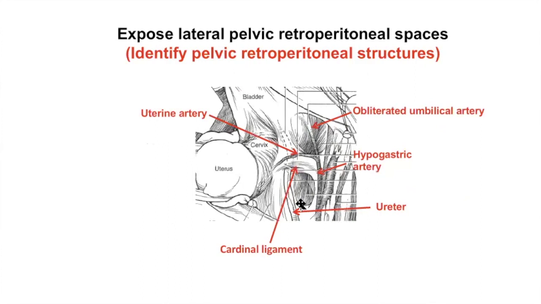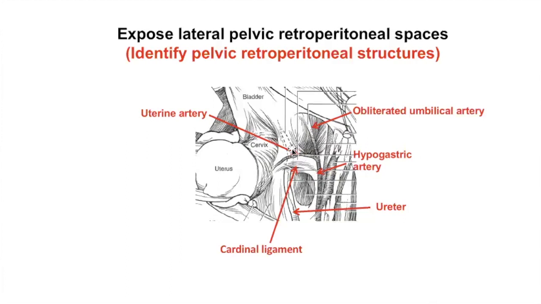The surgeon is then able to more clearly visualize the following vital structures: the external and internal iliac arteries, the uterine artery as it branches off of the internal iliac artery, the cardinal ligament, which is a ligament separating the paravesical and pararectal space, the obliterated umbilical artery, and the pelvic ureter as it courses underneath the uterine artery.